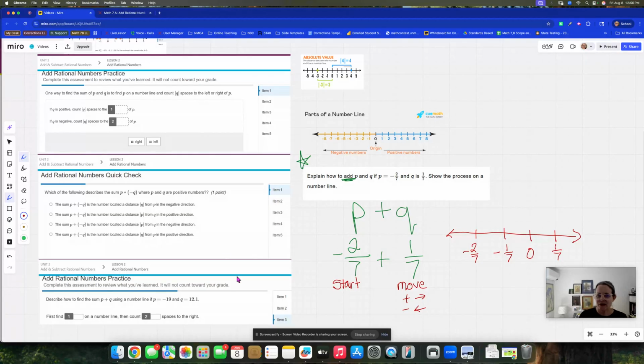Okay, so again, the idea here is we're going to start at negative 2/7. Okay, because we're adding a positive number, the 1/7 is positive, we move to the right 1 unit. Okay, so this action here is the plus 1/7. And then where we end up, that's our answer.